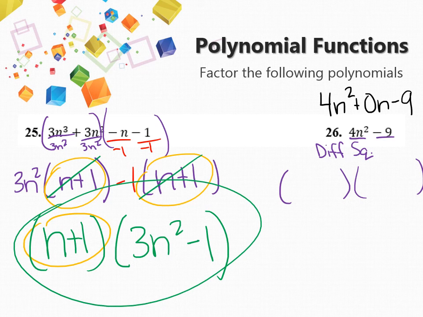That means 4n squared square rooted is 2n. 9 square rooted, 3. If it's a difference, it's plus minus. It only works if it's two terms, perfect squares and a subtraction sign. If one of those elements is off, no go. You got to figure something else out.